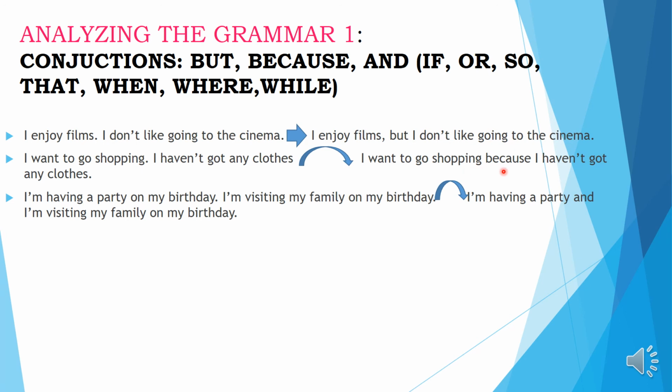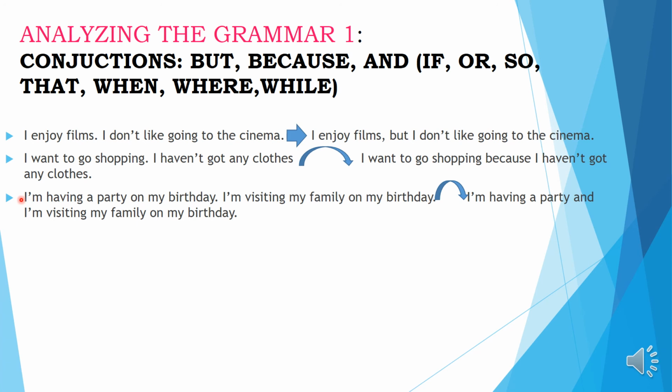Here we have the conjunction because. This is joining the 2 sentences, and it is giving an explanation about the action given in the first part of the sentence.